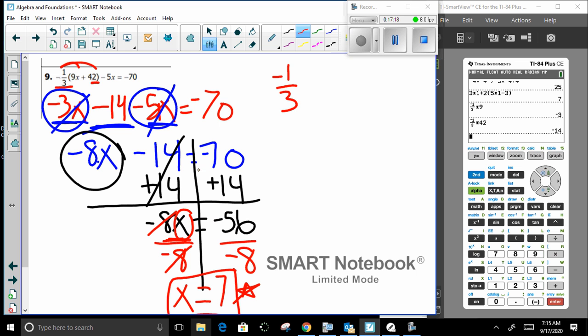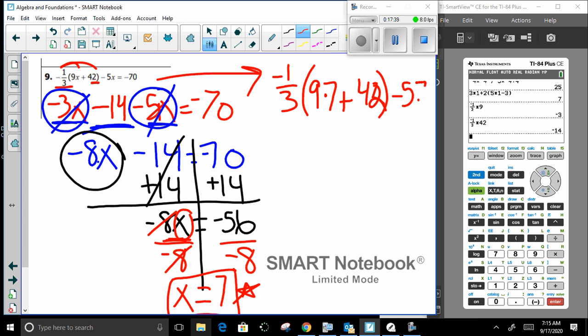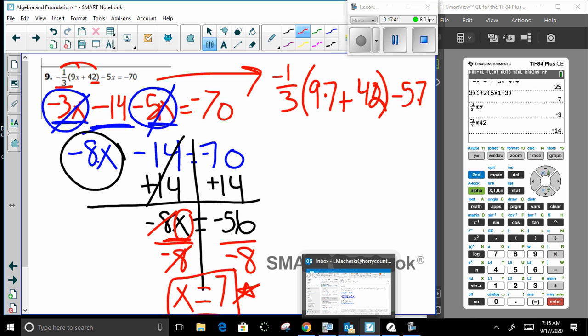-1/3, rewrite the whole equation, plug in what you think x is. 9 times x plus, oh sorry, that's a times, not a decimal, that is a times. Plus 42 minus 5 times x, which I think is 7. I want to see if that whole thing is going to equal -70. I didn't leave myself enough room there.